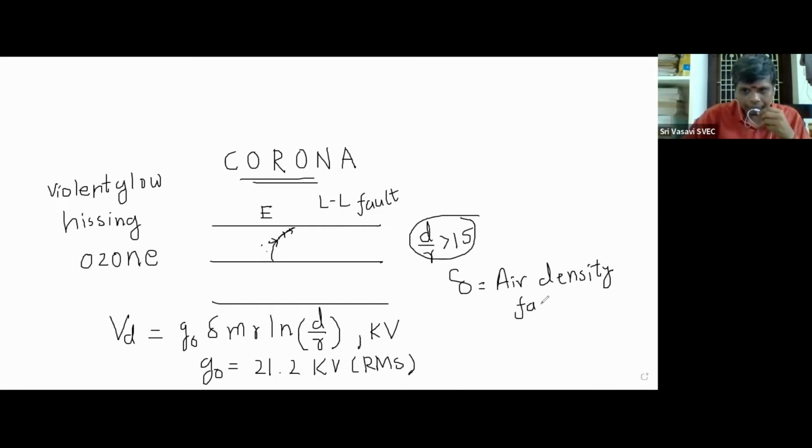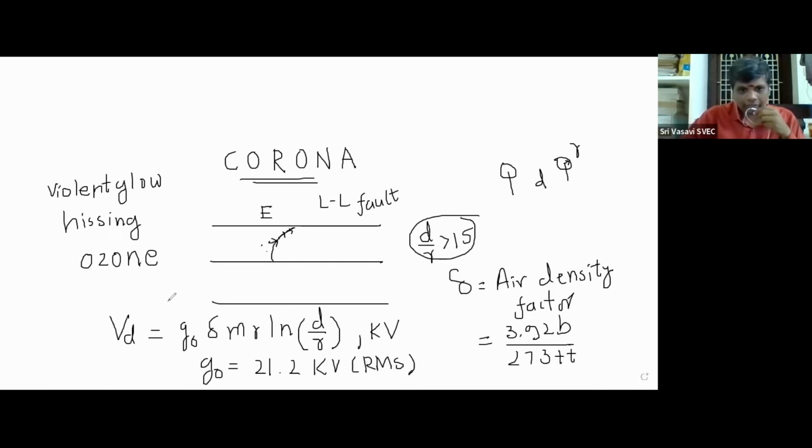It is given by 3.92 B by 273 plus T, where B is the atmospheric pressure and T is the atmospheric temperature. And D is the distance between two conductors, and R is the radius of the conductor.